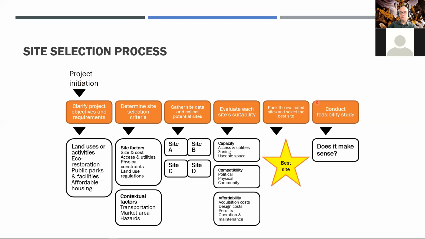The orange boxes, or the steps, are what you need to do and what you need to determine for yourselves. First step: clarify project objectives and site requirements. Now, project objectives can vary widely among different clients, which can include public agencies, non-government organizations, and privately owned businesses.